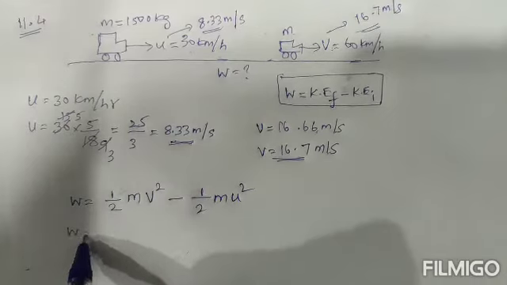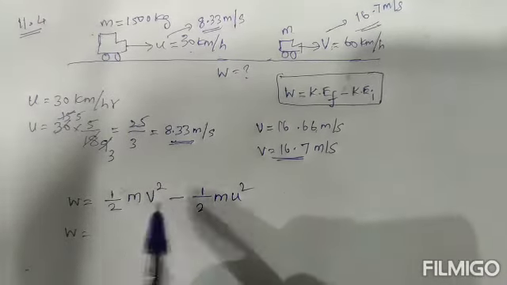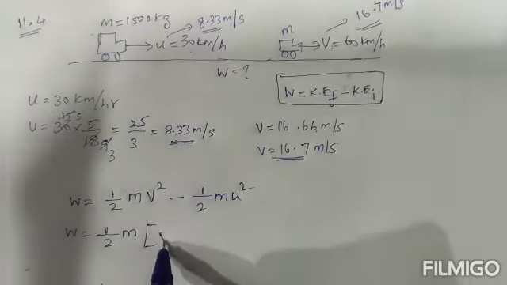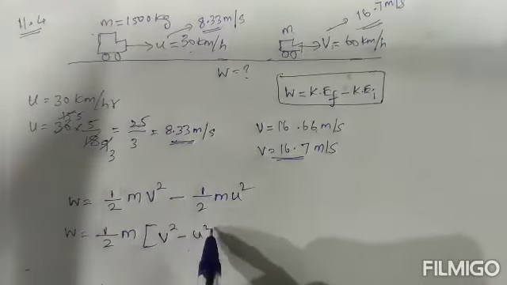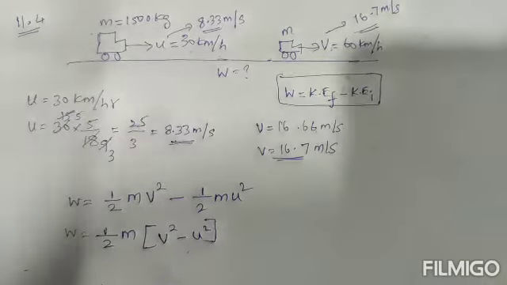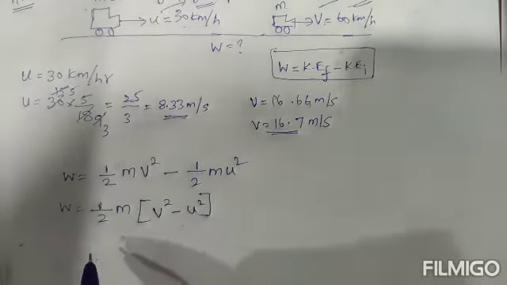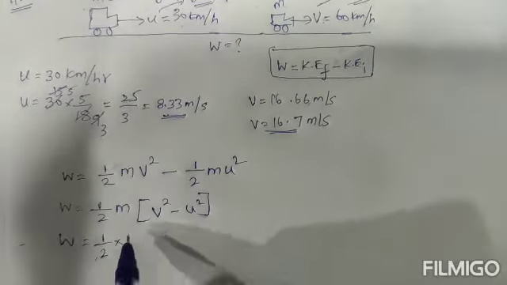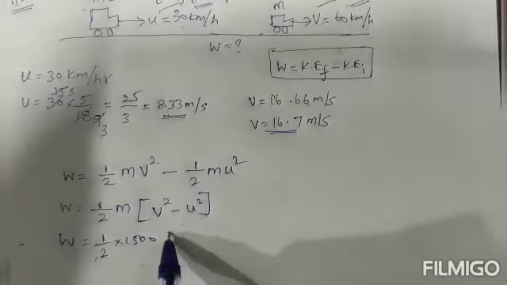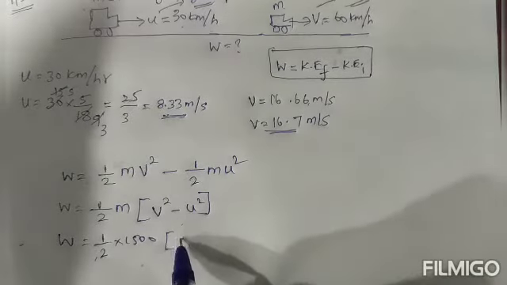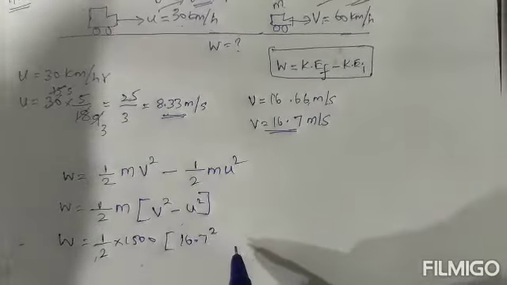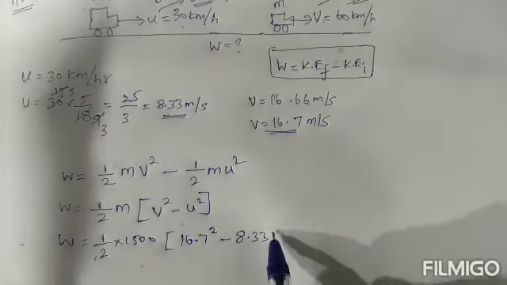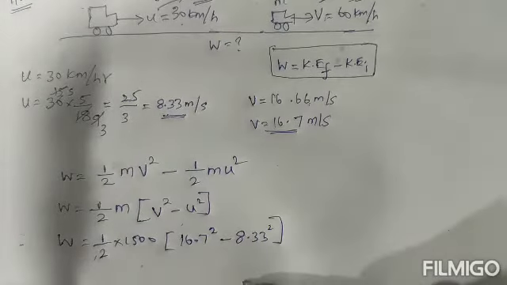So the half m is common, I can take it outside, the remaining is v squared minus u squared. Therefore work done is equal to half into m value 1500, then v squared, 16.7 whole square, minus u squared, that is 8.33 whole square.